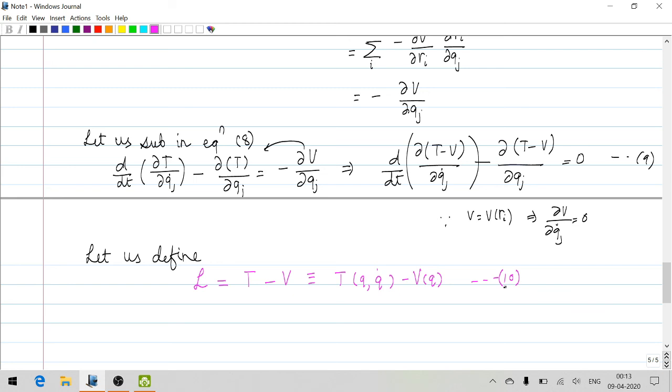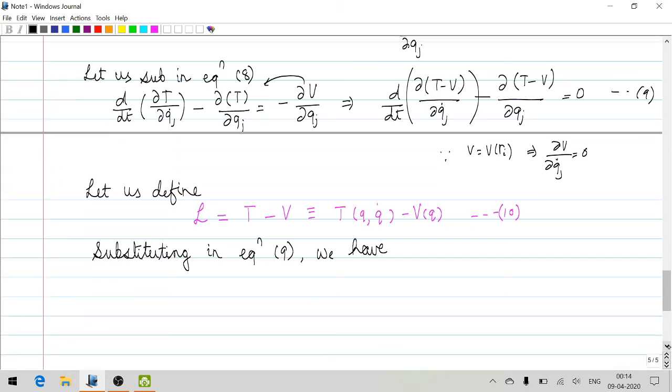So substituting in equation 9, we have d by dt of dou L upon dou qz dot minus dou L upon dou qz is equal to 0.